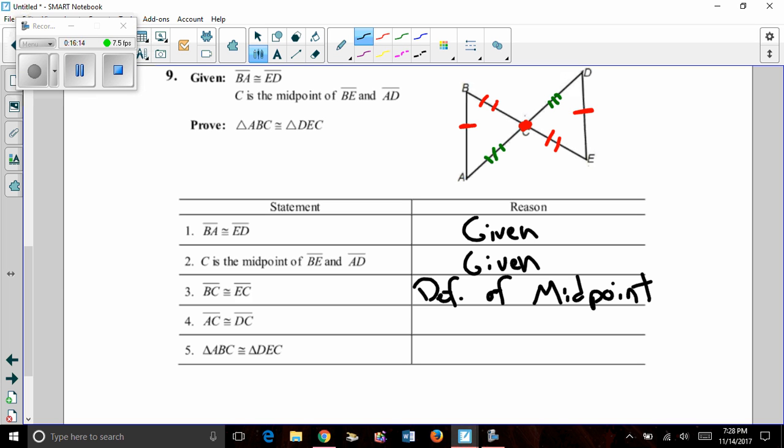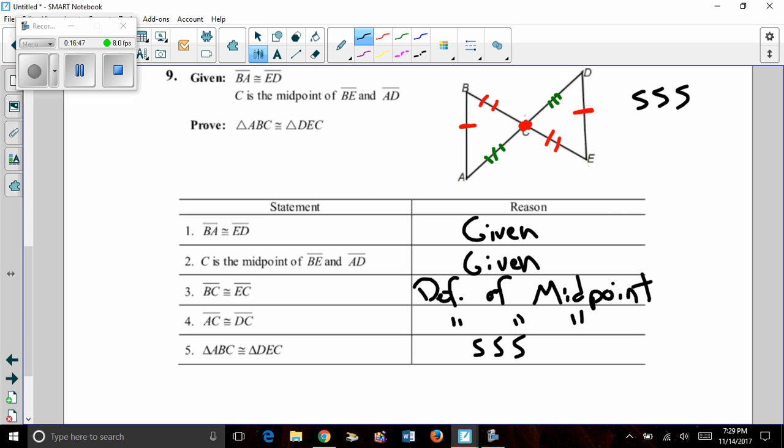I would have to double check, but a midpoint cuts two lines directly in the middle. This is going to be the same line. I don't feel like writing it. And that actually solves this one very quick. We have a triangle that has three sets of congruent sides. Therefore, side, side, side is the reason why these are congruent.